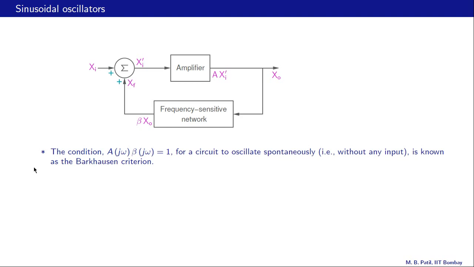Okay, so let us make some important points. The condition A times beta equal to 1 for the circuit to oscillate spontaneously, that is without any input, is known as the Barkhausen criterion.